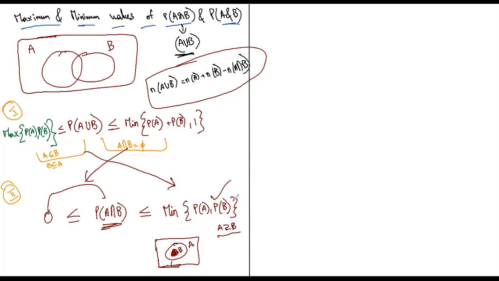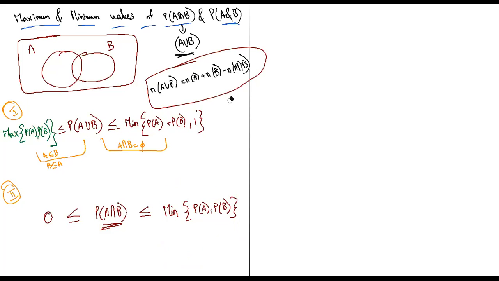Okay, am I clear? Is everything clear? Does anyone have any doubt? So just keep these two inequalities the same. Okay. Chalo, I am going ahead actually.